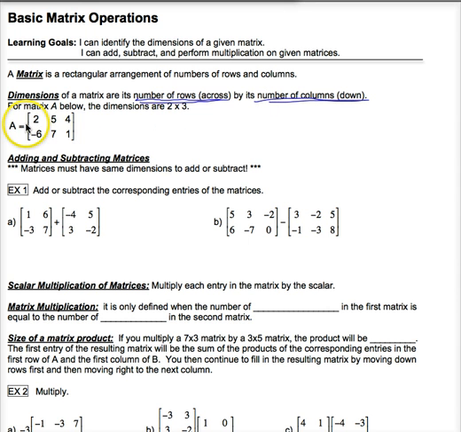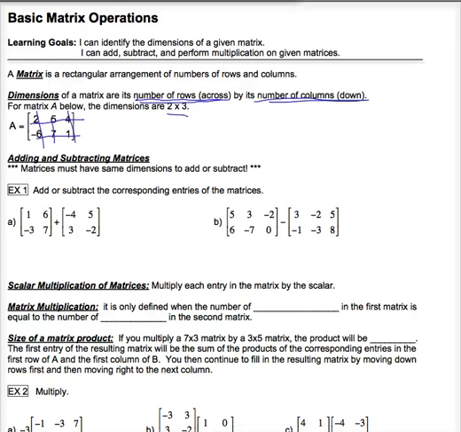So if you look here, we have 2 across rows and 3 down columns. And for that reason, we say that this is a 2 by 3 matrix. So rows by columns is how we're going to list that. And again, that's really important. You're going to need that when we enter them into our calculator, and you need that in order to be able to know if you are able to add, subtract, multiply the different matrices.